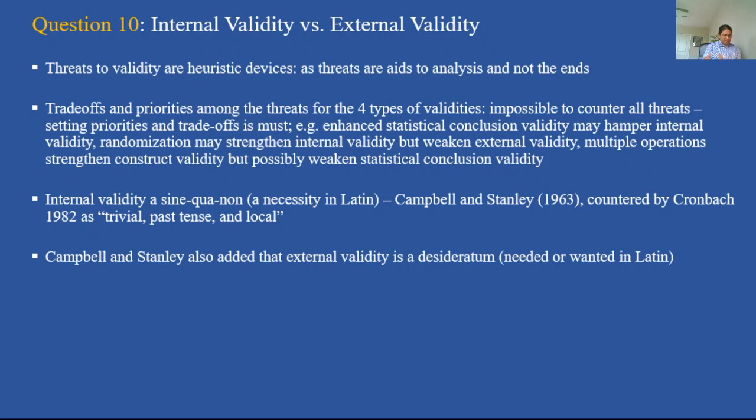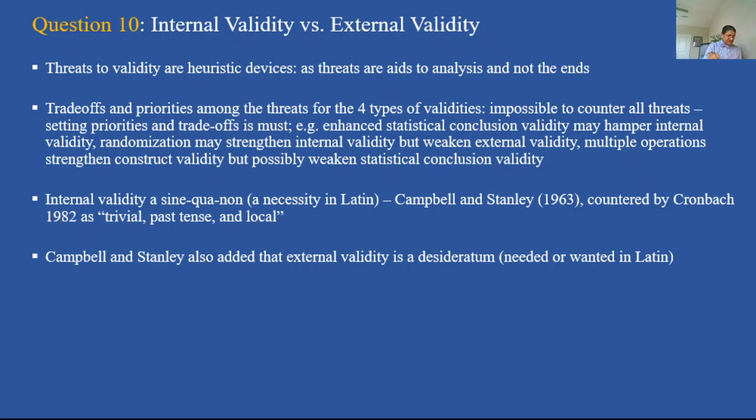Now, in my opinion, both are equally important, and the real importance is very contextual. For example, without internal validity established, I don't think we can even think about external validity. So it depends on what the focus of the study is.